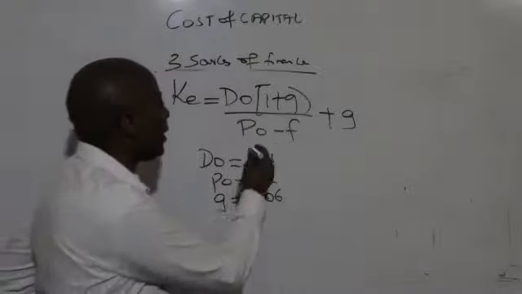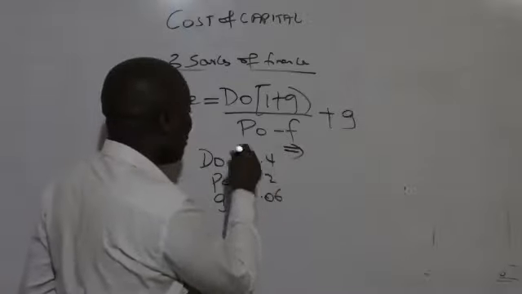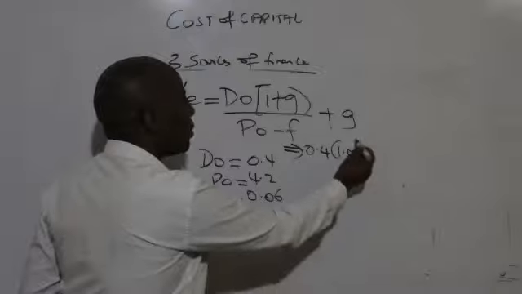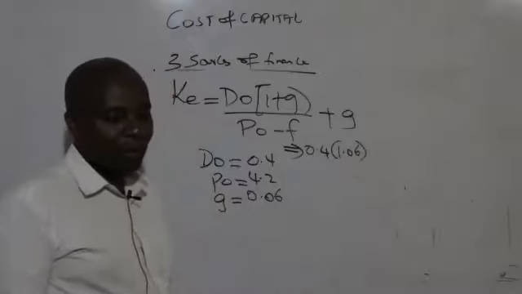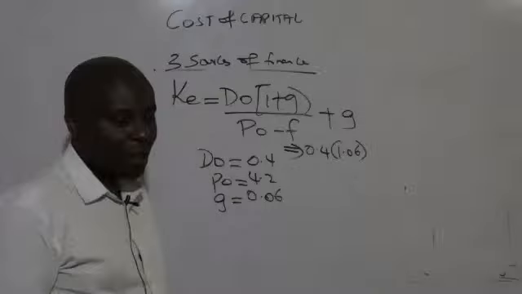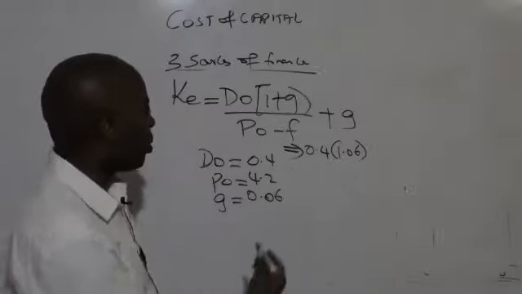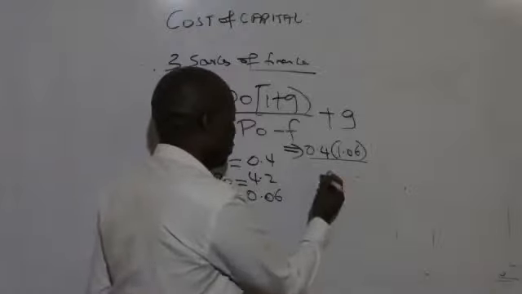So our Ke here will be equal to our D0, which is 0.4 into 1.06, that is 1 plus the growth rate, 1 plus 6%, 1 plus 0.06, all over P0 which is 4.2.